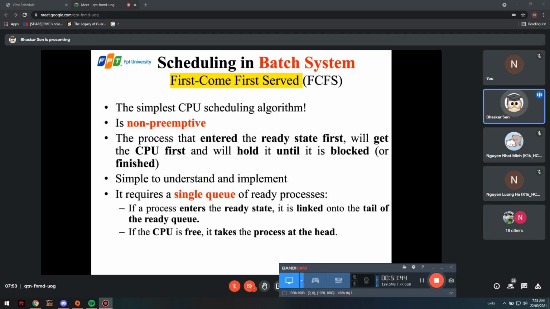We'll see a handful of them, and then we talk a little bit about the real-time algorithm, and then thread and IPC related problems.